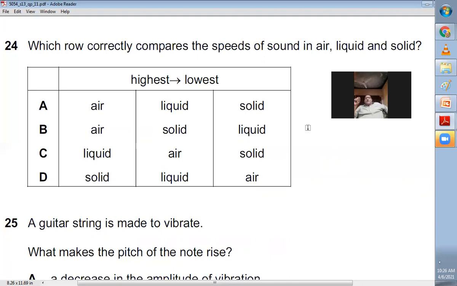So sound travels fastest in solids, then in liquids, and slowest in air. So I think solid, liquid, and air is the choice. Question number 24, D is the right answer.